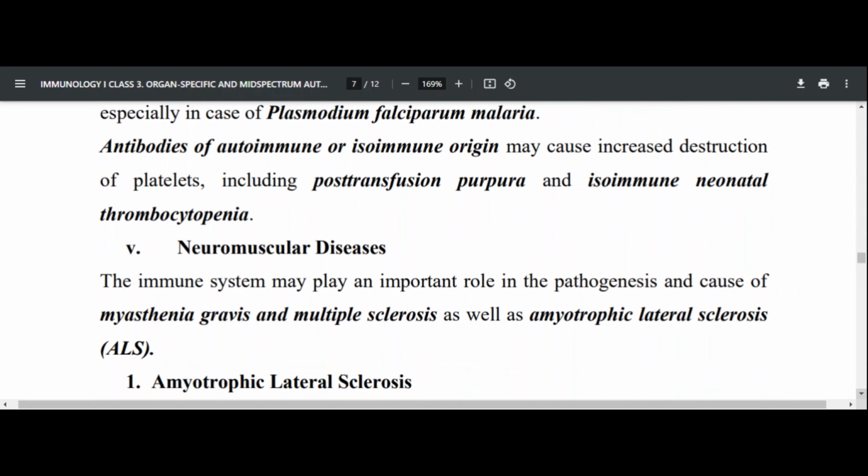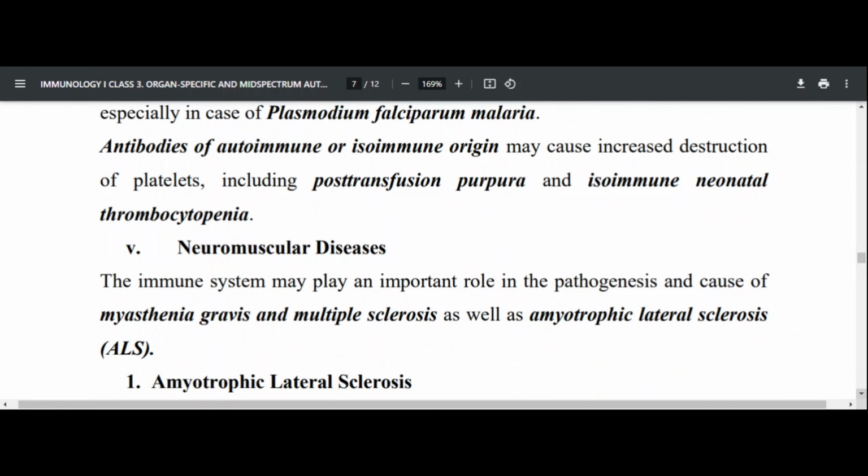Other autoimmune diseases include neuromuscular diseases. Of course, the immune system may play a very important role in the pathogenesis of many neuromuscular diseases. Neuromuscular diseases are those disorders associated with the nervous system and muscular system.